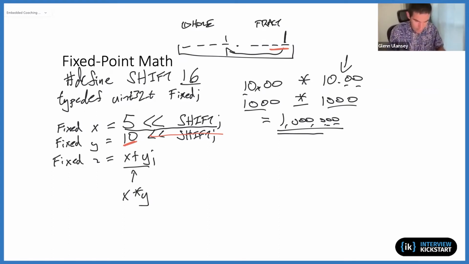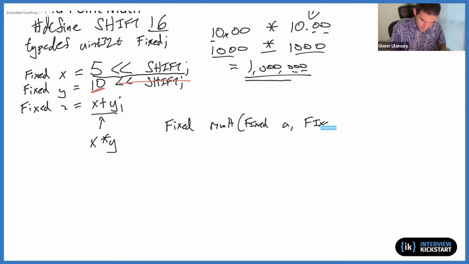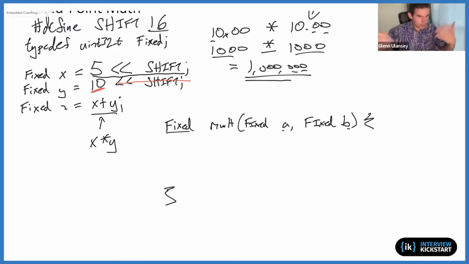If we were to define a function like int32 multiply, where we take in, let's make these all, yeah, we define this nice new type of ours. Now, fixed multiply, fixed A and fixed B. We are trying to multiply two fixed point numbers, and we want the result of this function to be another fixed point number.